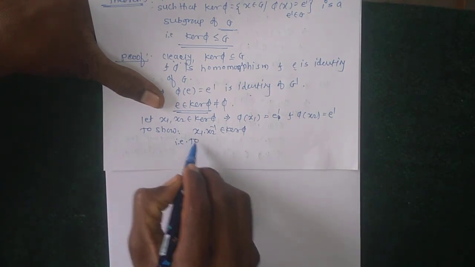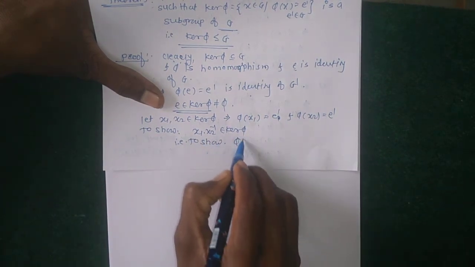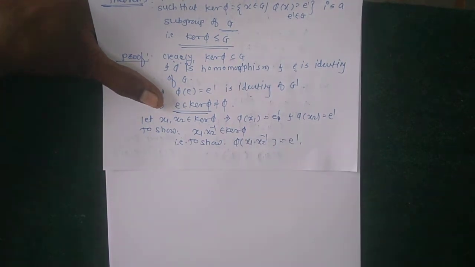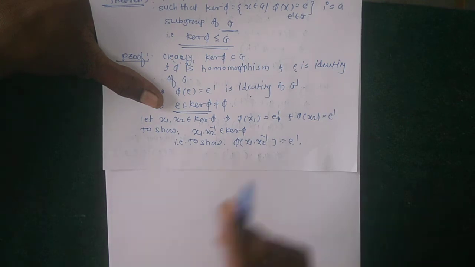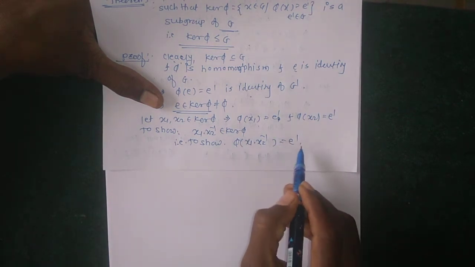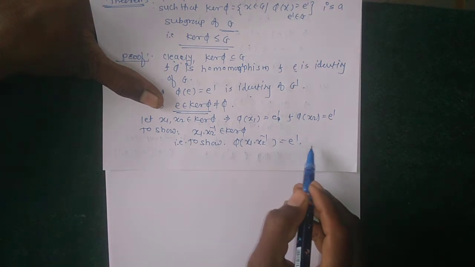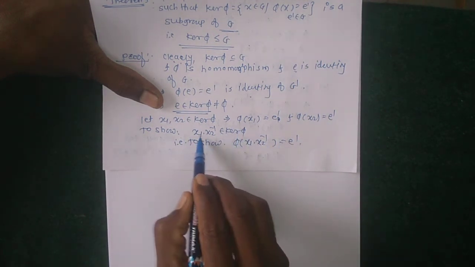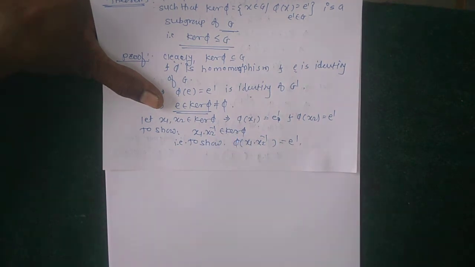That is, to show phi of x1 into x2 inverse equals the identity e dash in G dash; then x1 into x2 inverse belongs to kernel phi.